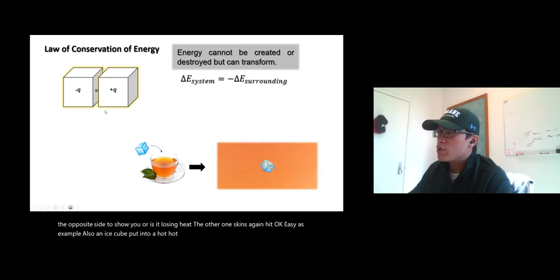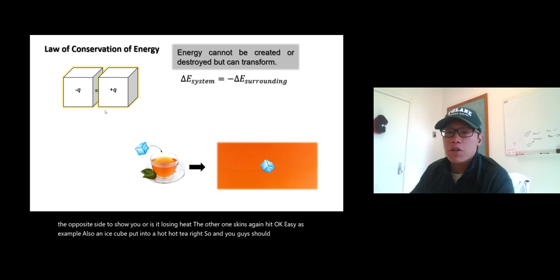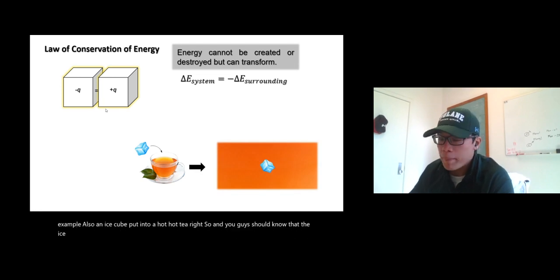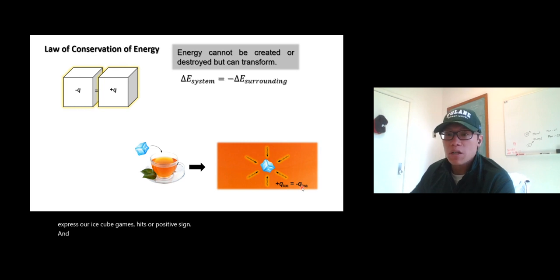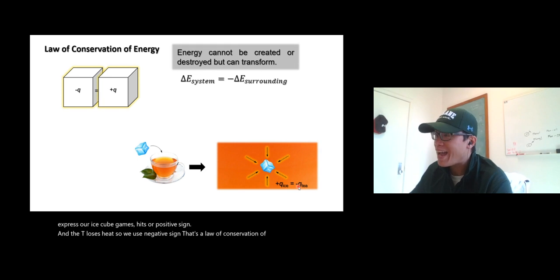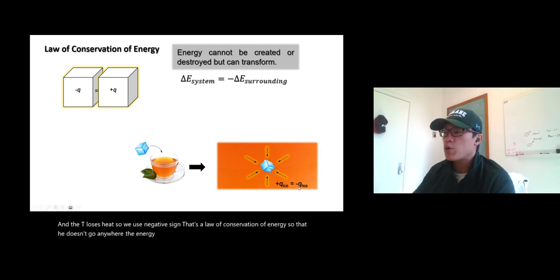You should know that the ice is going to melt. So the ice absorbs heat or energy from the hot tea. In this case, we can express it as: the ice cube gains heat, so positive sign, and the tea loses heat, so we use negative sign. That's the law of conservation of energy. The heat doesn't go anywhere, the energy doesn't go anywhere, they just transfer from one to another or transform.